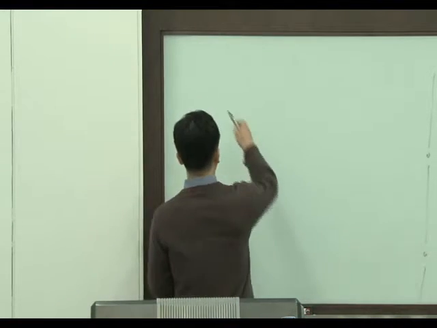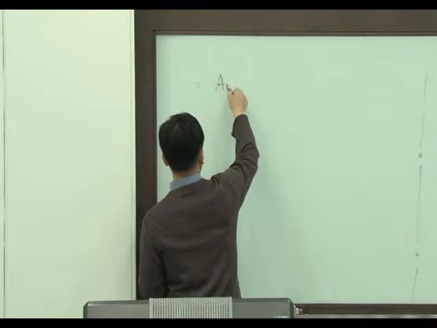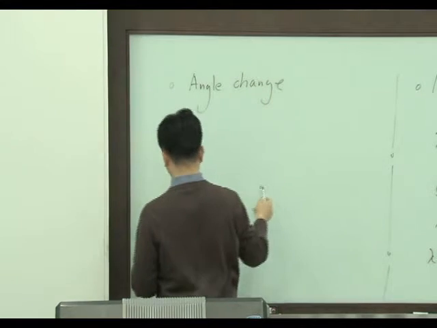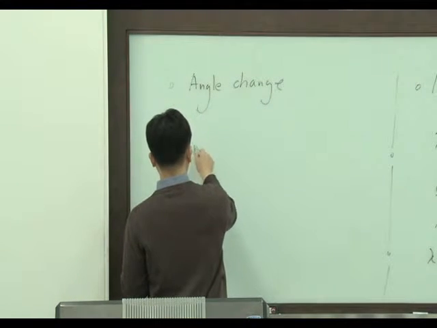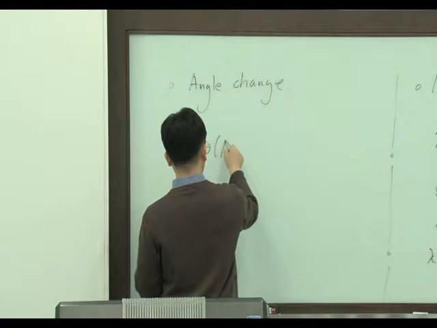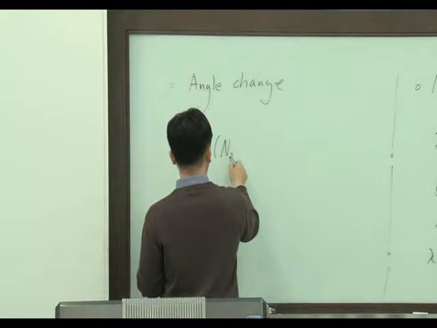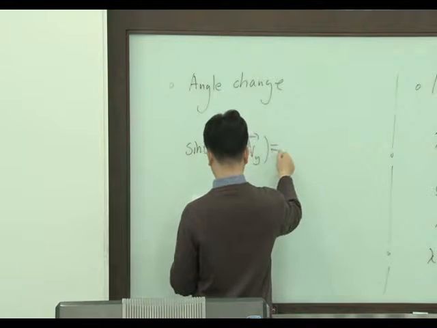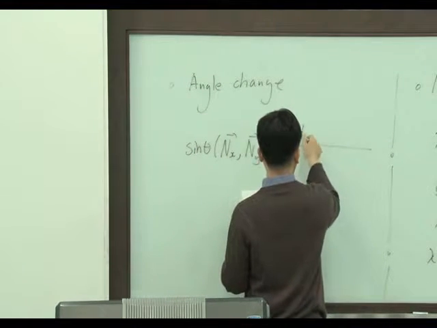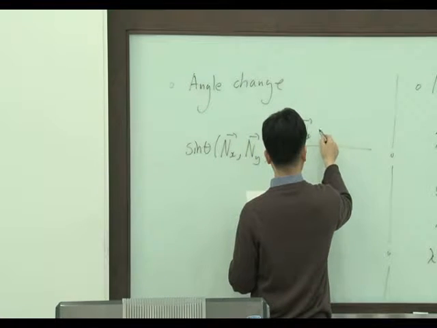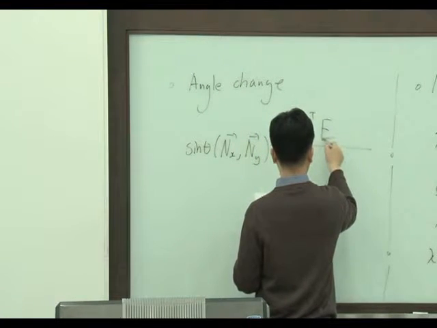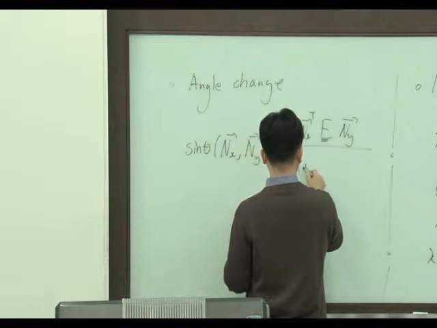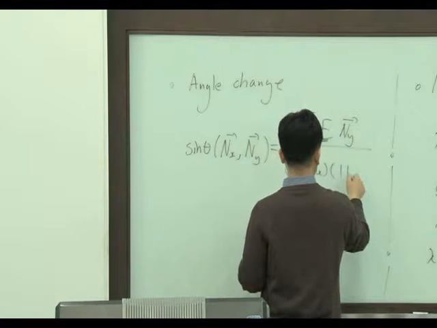And now let's look at the angle change. In finite deformation theory, sine theta of nx and ny equals 2 nx transpose Green-Lagrange strain tensor ny, divided by 1 plus lambda x times 1 plus lambda y.